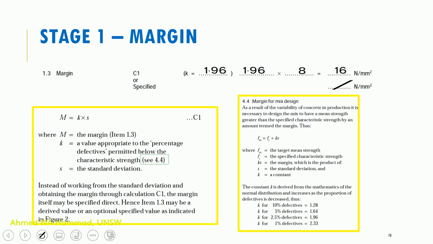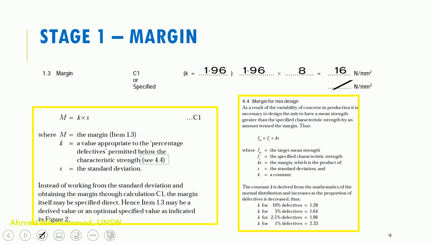So the characteristic strength that's given by the client was 30 newtons per millimeter squared, and we need to make sure that we design our mix so that the mean strength of that mix is greater than 30 newtons per millimeter squared, and that's how we avoid the issues with defects in the concrete mix.